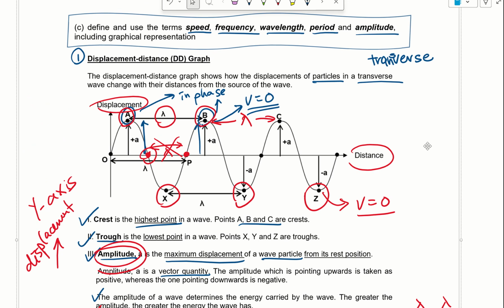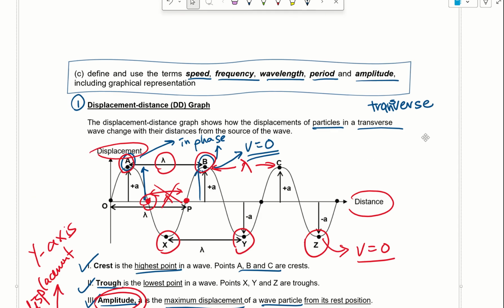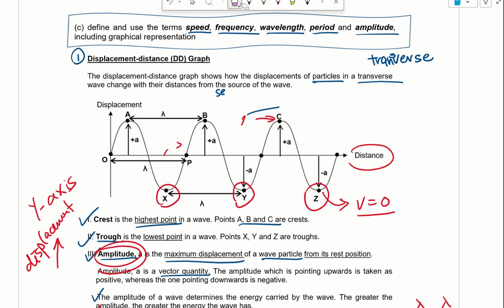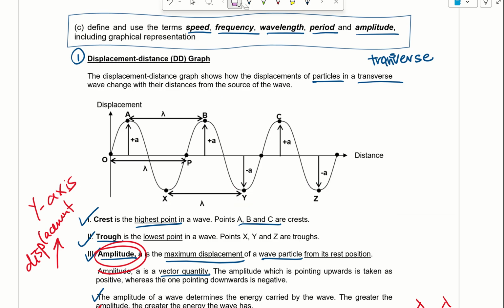So maybe I would also like to highlight this. Besides using the successive crest and trough, we can also use the idea that wavelength is the length that the wave completes, the distance that a complete wave moves.